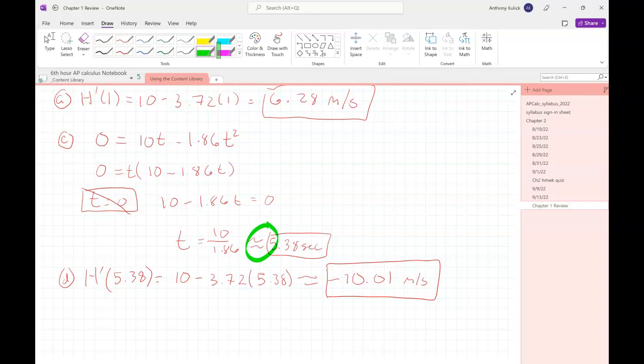Tegan? So part C, why didn't you use the derivative? So it asked, when will the rock hit the surface? So that's asking about a position, right? Where is it located? That's a position function question, not a speed question.